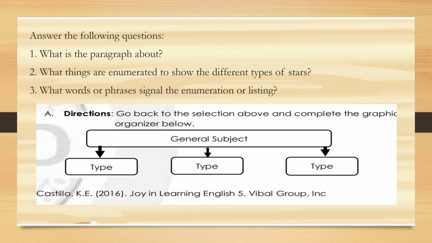Number 2, what things are enumerated to show the different types of stars? Number 3, what words or phrases signal the enumeration or listing? Then, below, go back from the previous slide and complete the graphic organizer below.